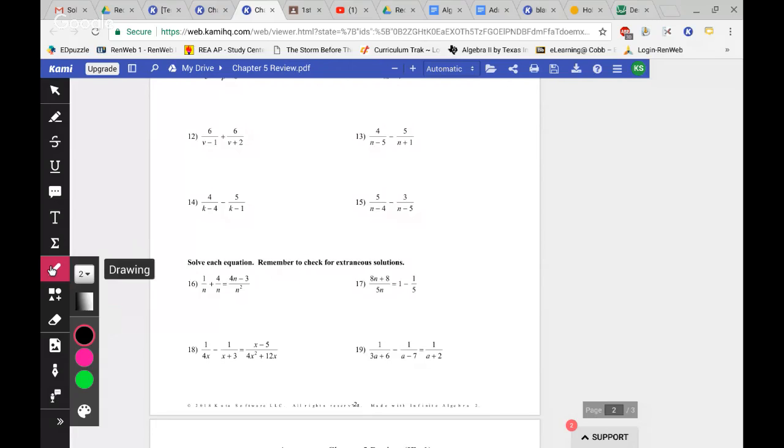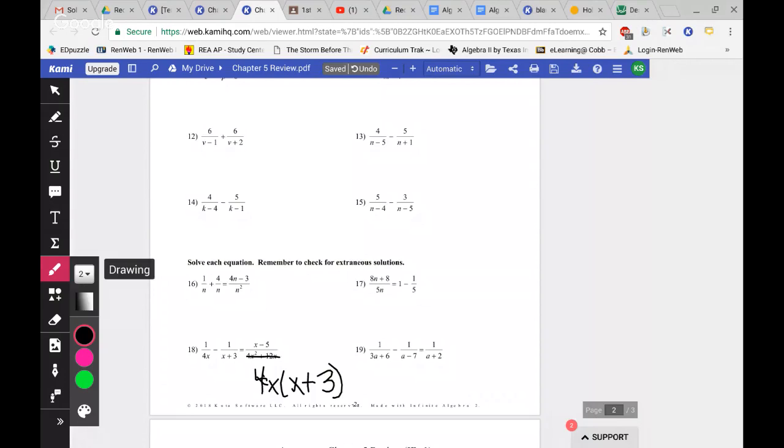All right, on number 18, once again, it's just easiest to go ahead and factor to make sure each one is in its lowest terms, so that you can make sure that you're including all factors in that least common multiple. So I can actually take a 4x out of this, and that's going to leave me with x plus 3.